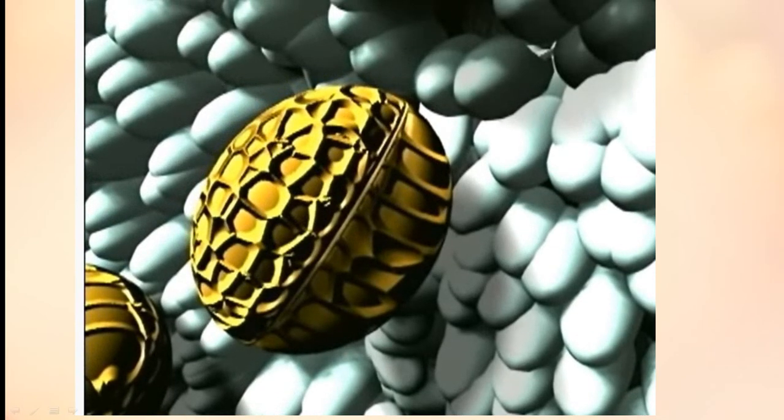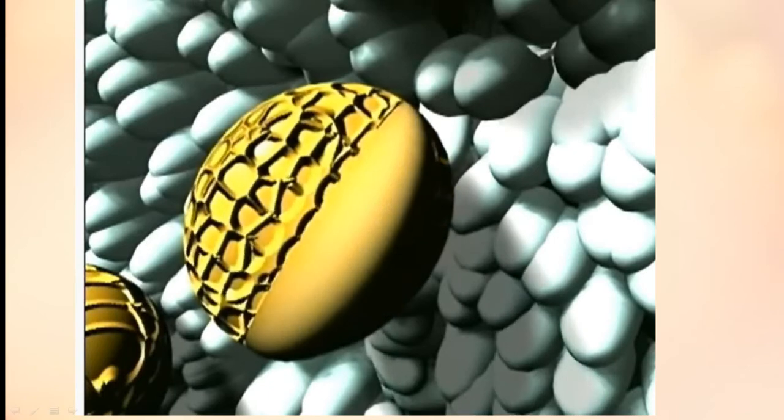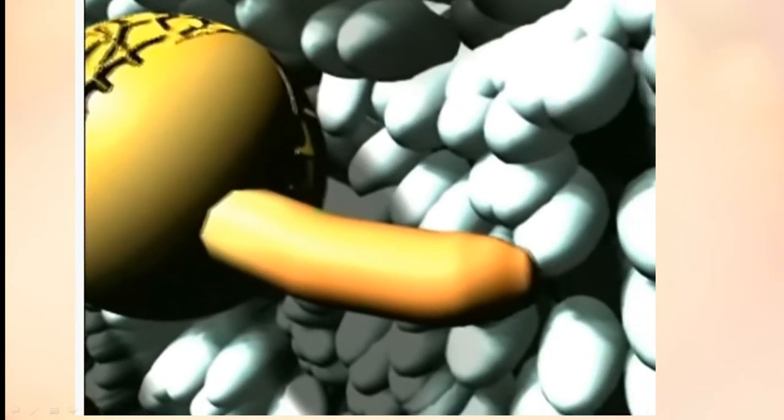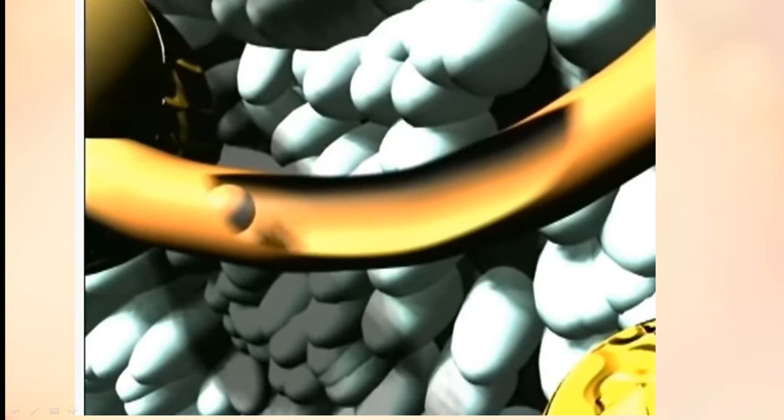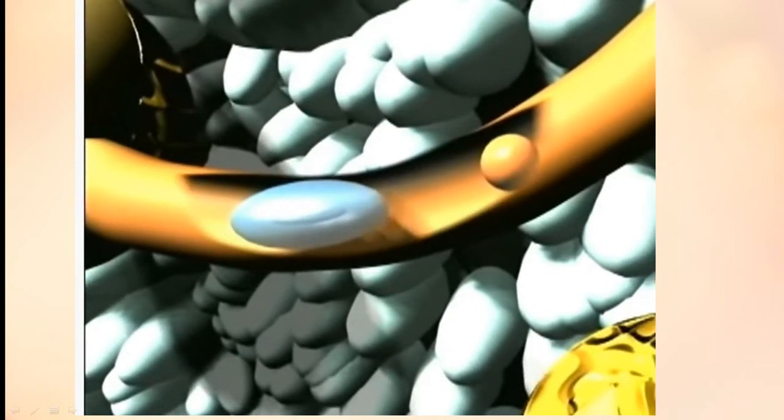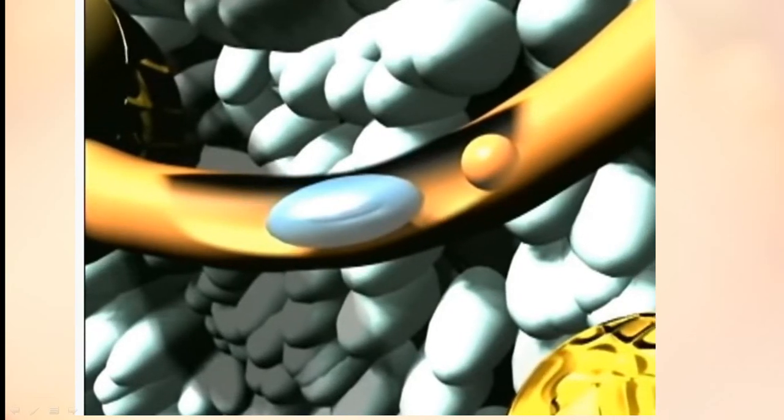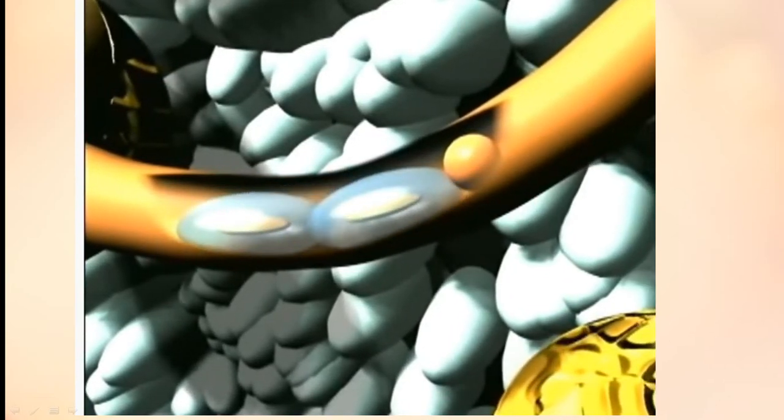The pollen grain now absorbs water and begins to swell. A pollen tube soon emerges containing the tube nucleus and the generative cell. The generative cell divides to form 2 sperm cells.